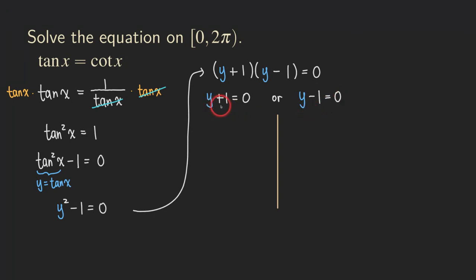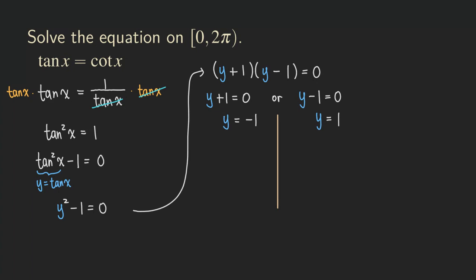At this point, we can just solve for y. We can move the 1 over, so we get y equals -1. For the other one, it's the same situation: adding 1 to both sides of the equation, we get y equals 1.